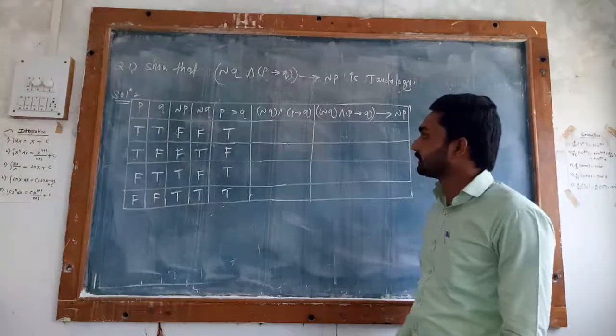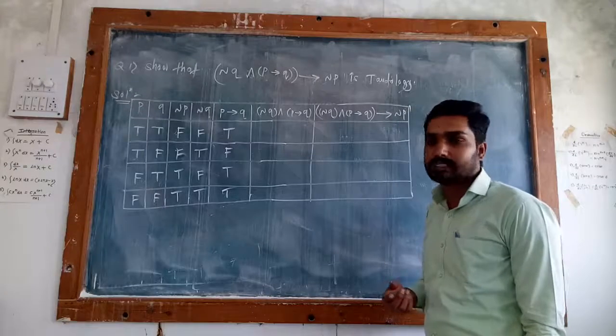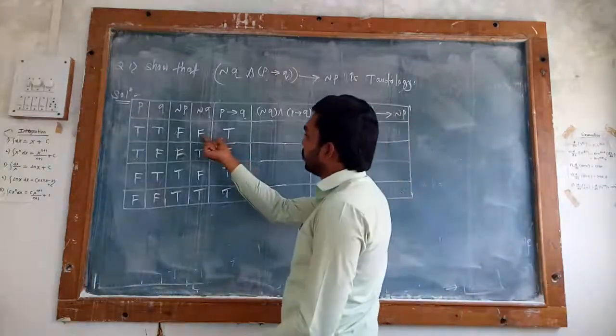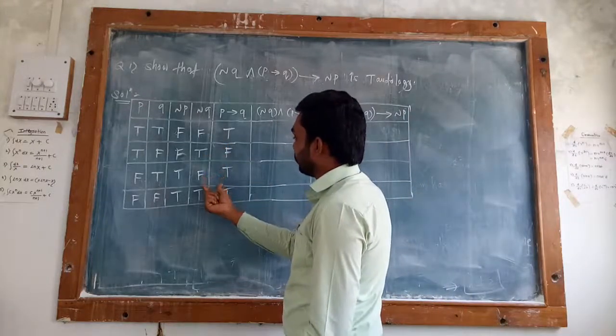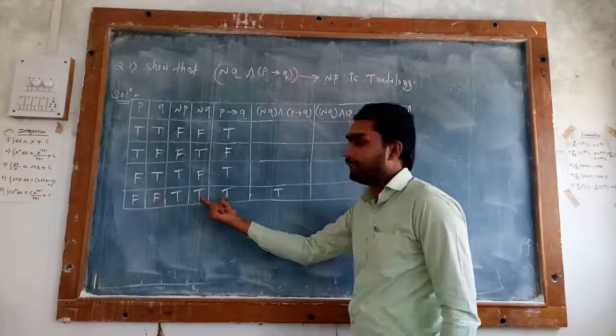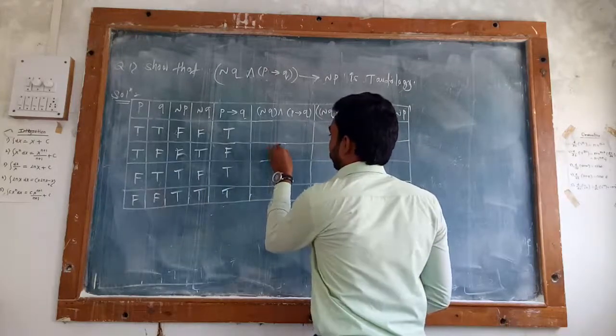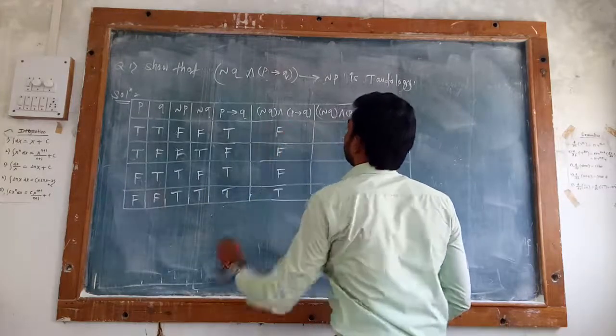In conjunction, TT is T, otherwise F. We check where there is TT. The last row is TT, so its value is T. In the remaining cases, its value becomes F.